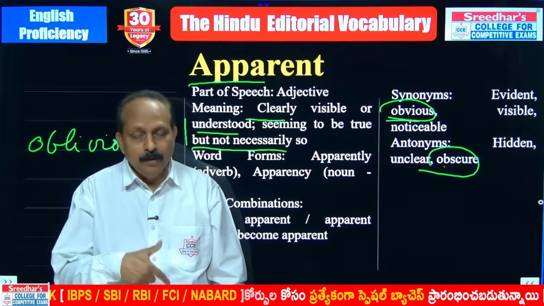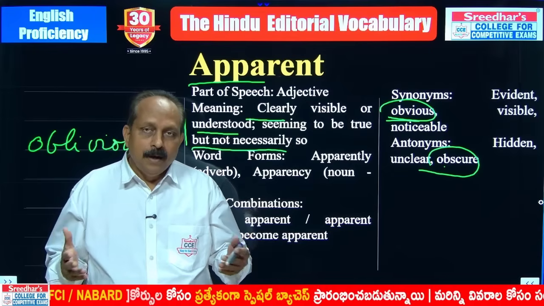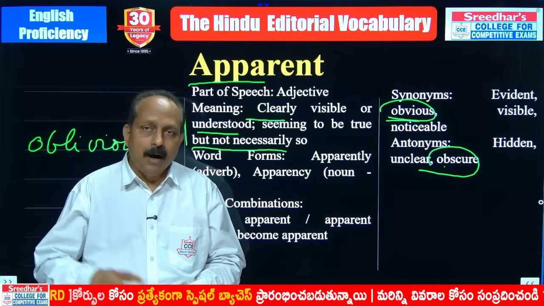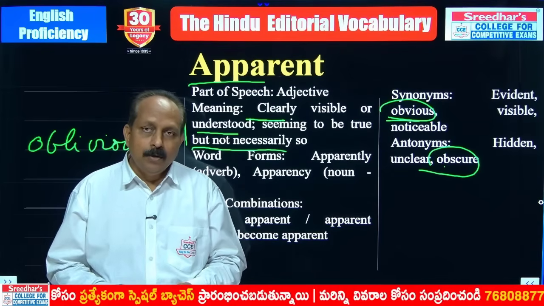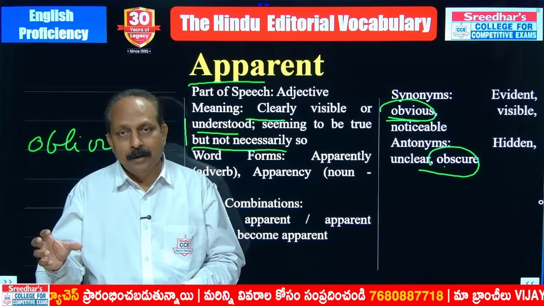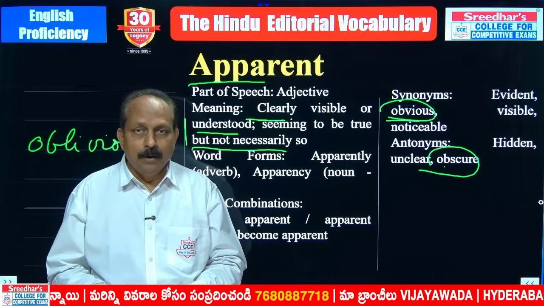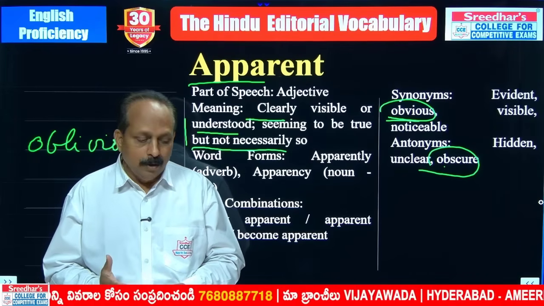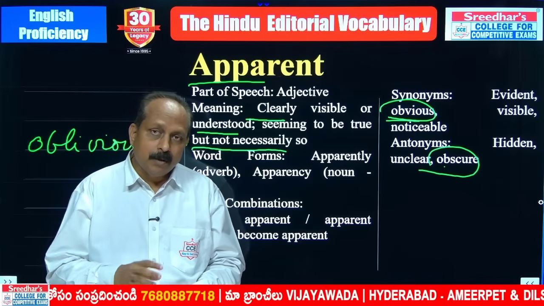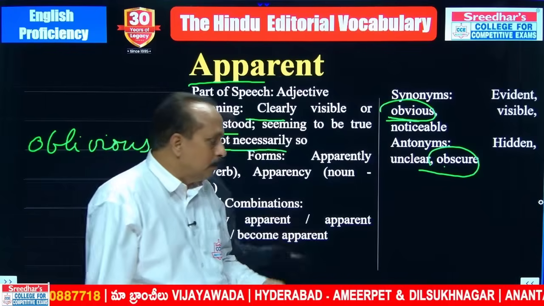And coming to the word obscure, another meaning, not known to many people. If you take writers, some writers are highly talented, but nobody knows about those writers. Then obscure writer. Hill stations. In South India, two hill stations are extremely popular, Ooty and Kodaikanal. But we have other hill stations which are not that popular. Obscure hill station. This meaning also you should know.